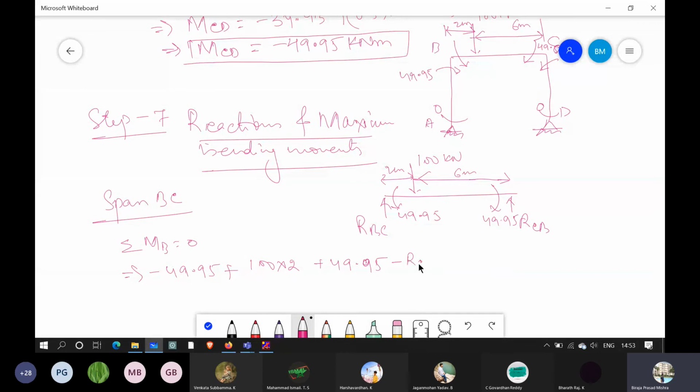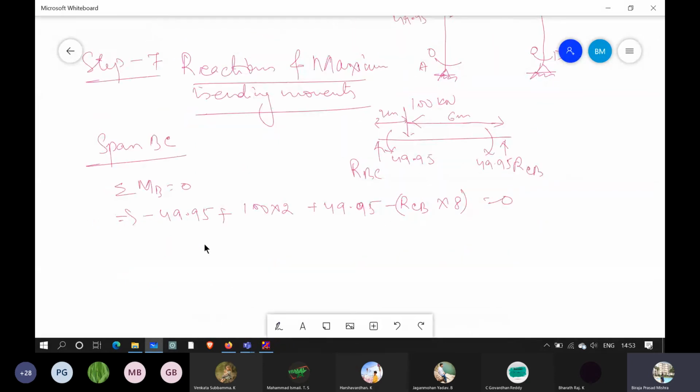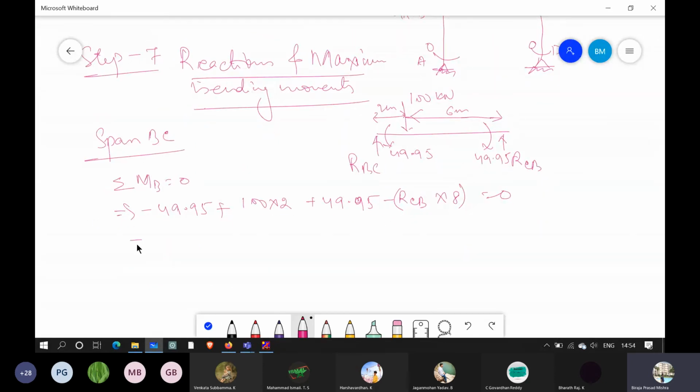For me RCB is coming 25 kilonewton. If RCB is 25 kilonewton, this implies RBC equals 100 minus 25 equals 75 kilonewton.